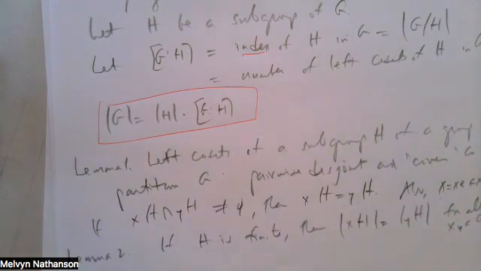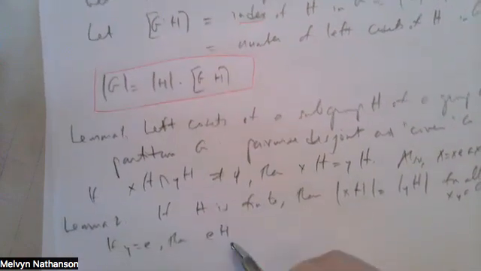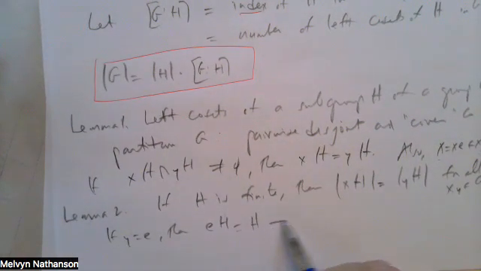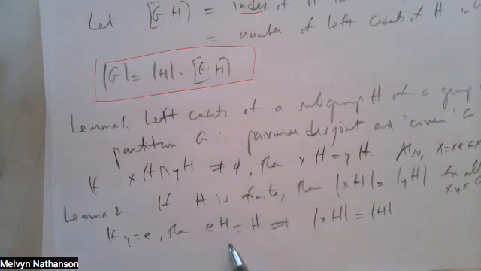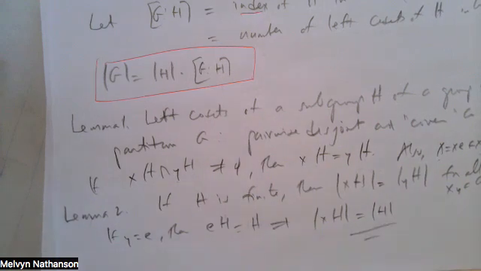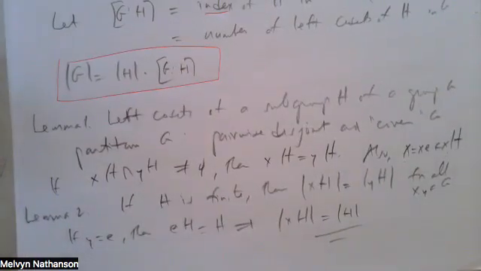And in particular, if we take y equal to the identity, then the left coset eH is just H. And so the number of elements in every left coset is the same as the number of elements in this particular left coset, which is this subgroup. So the number of elements in a left coset of a subgroup is the number of elements in the subgroup. So these are the two statements you have to prove.